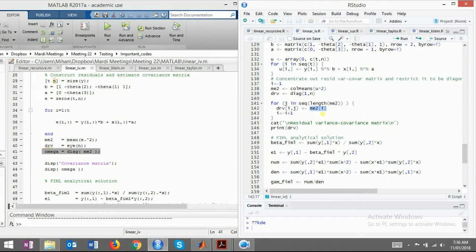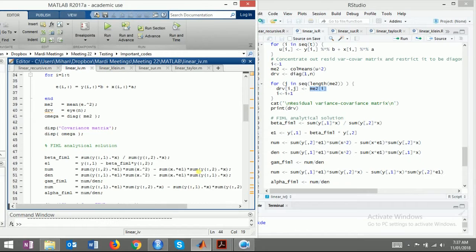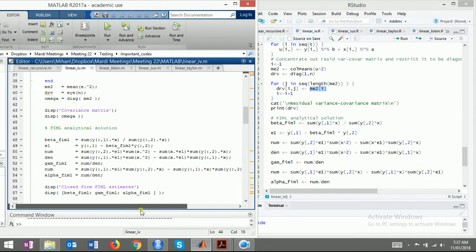Now the full information maximum likelihood analytical solution. Remember sum of y1x divided by sum of y2x, that was the FIML estimation. So let's see if we can find FIML from the notes. FIML, full information.